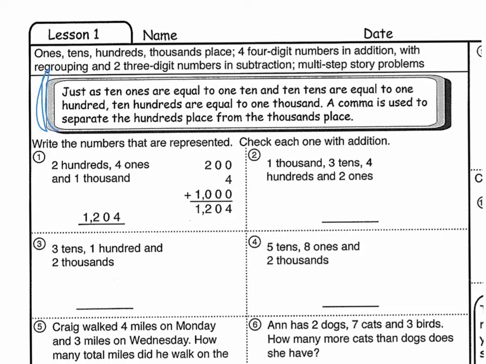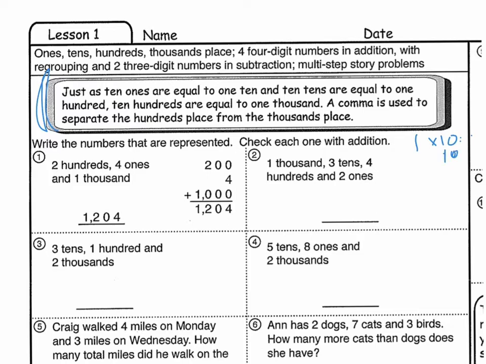Just as 10 ones are equal to 10, and 10 tens are equal to 100, 10 hundreds are equal to 1,000. A comma is used to separate the hundreds place from the thousands place. So let's think about what we just read here. If we take 10 ones, here's the number 1, 10 times, we get 10, obviously.